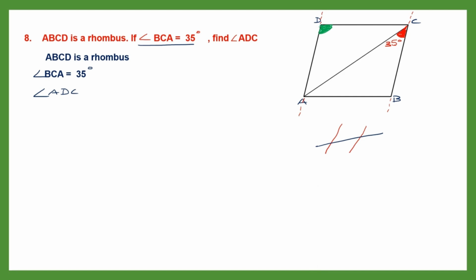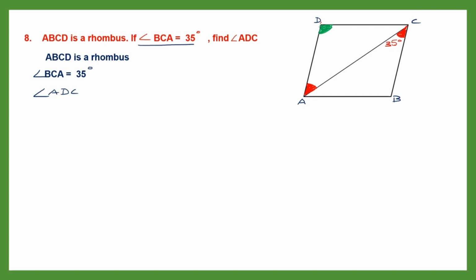That means inside we are given one angle, and that is 35 degrees. So this angle and this angle, when two parallel lines are cut by a transversal, now become the interior alternate angles. And what do we know about interior alternate angles? They are equal. So if this is 35, this is also 35. So here 35 degrees, that means this one will be the interior alternate angle. This will also be 35 degrees.